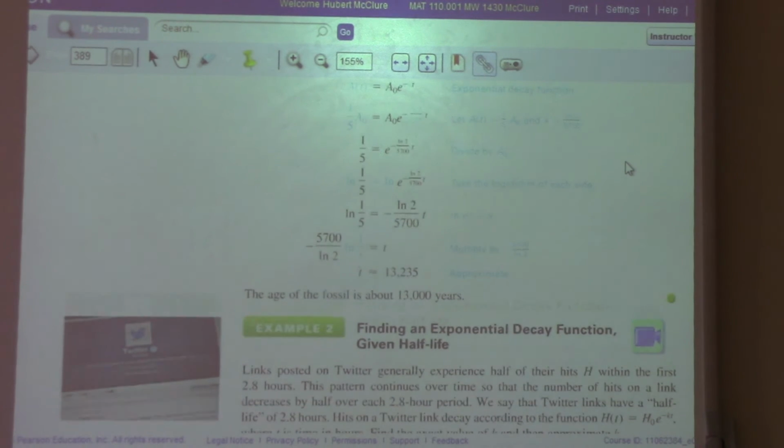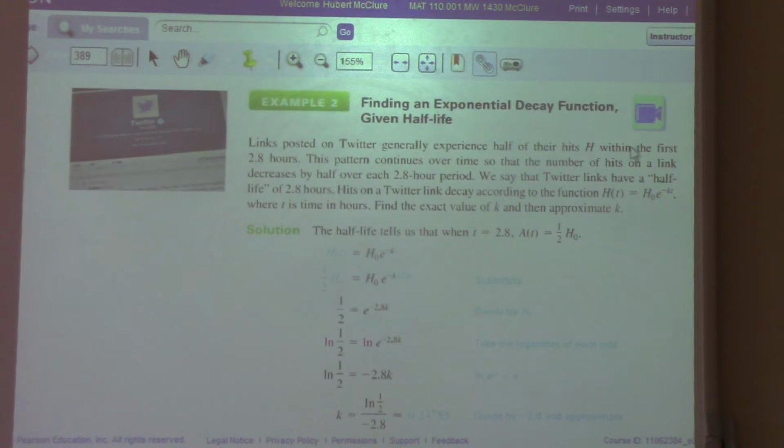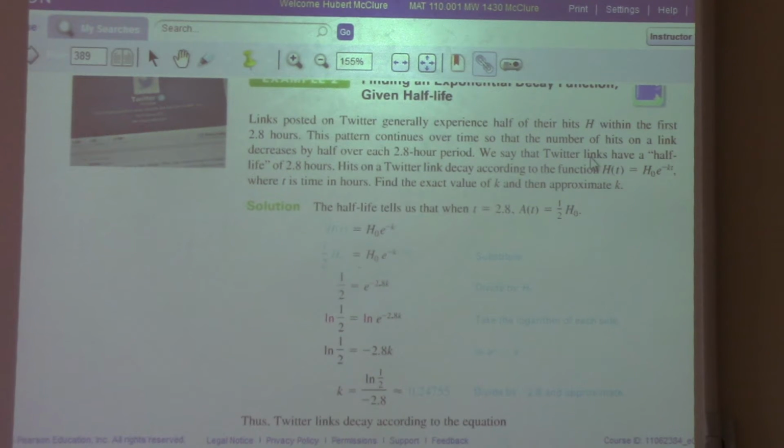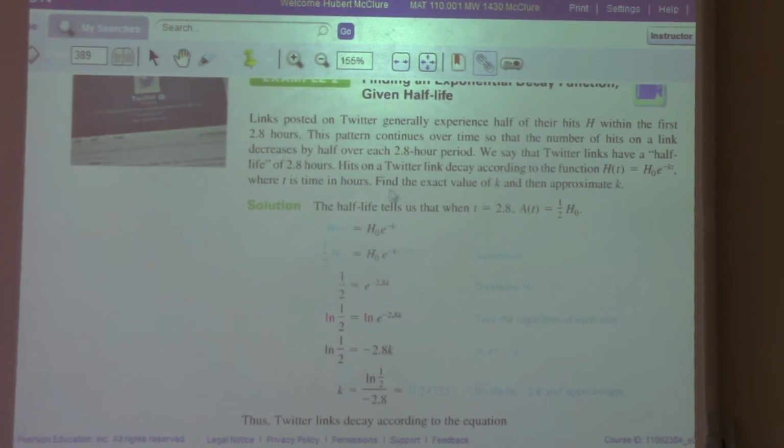And this is your given half-life. Half-life would be 1/2 the initial amount, so you have to throw that in there for half-life. It will say half-life or some form of half-life.